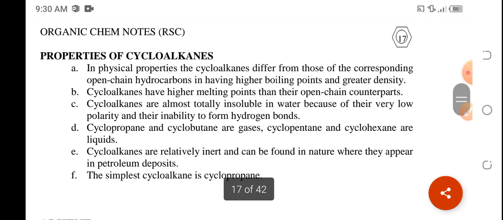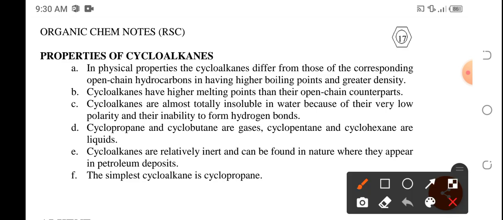For the properties of cycloalkane, being compared to their alkane counterpart, they will have a higher boiling point, greater density, and higher melting point.